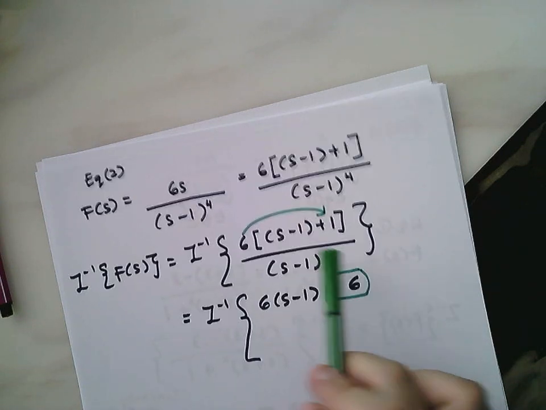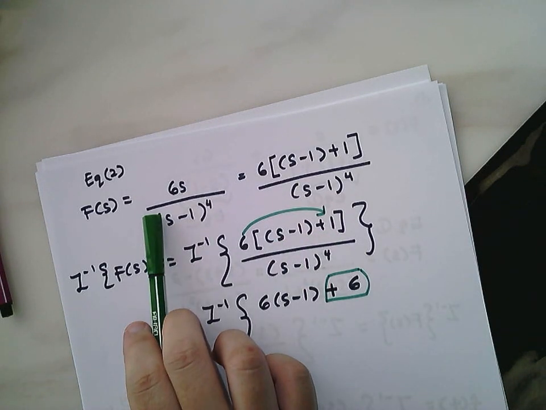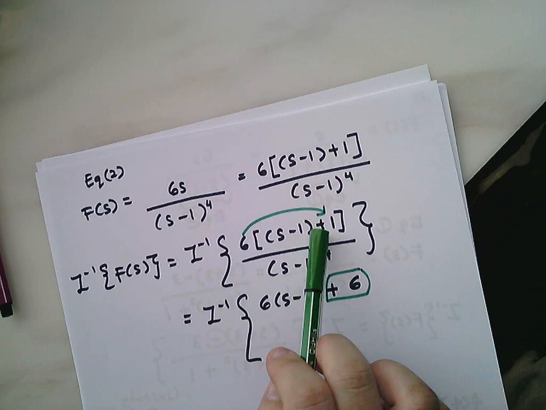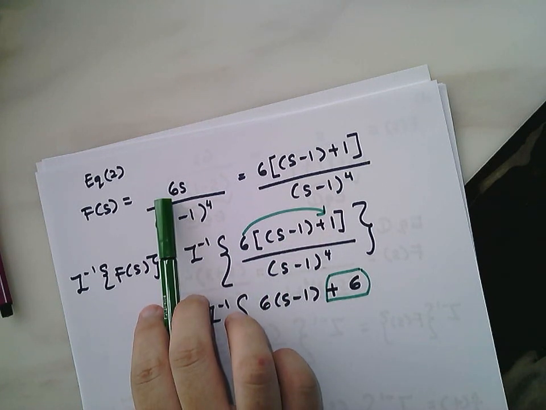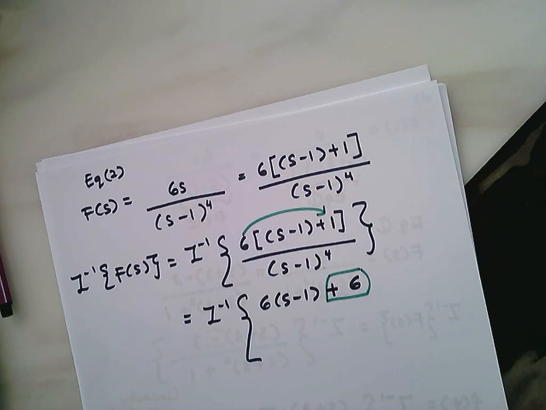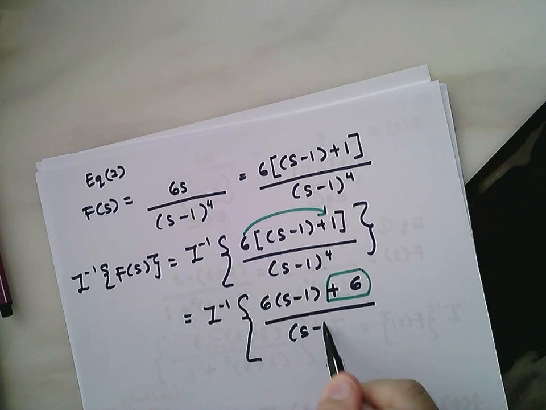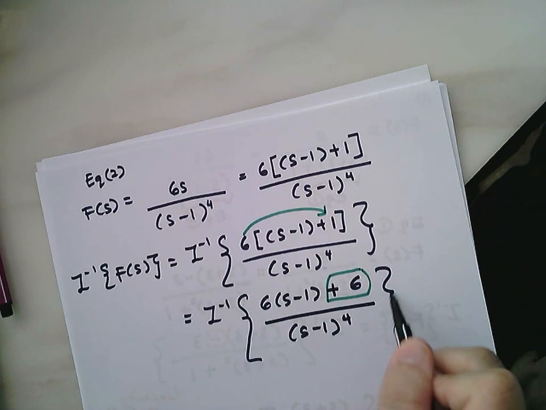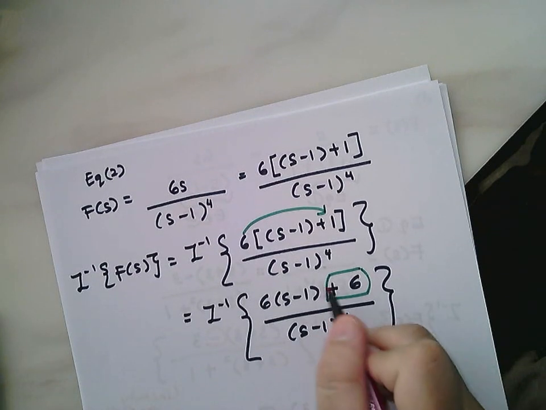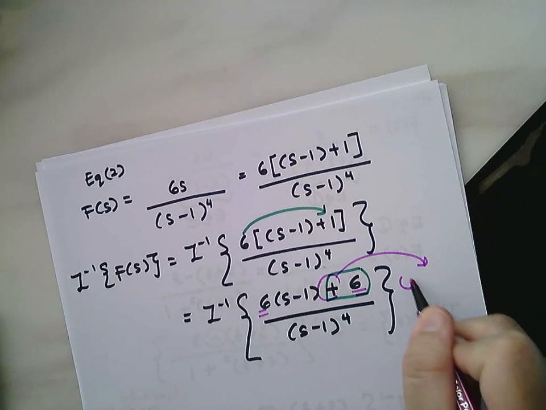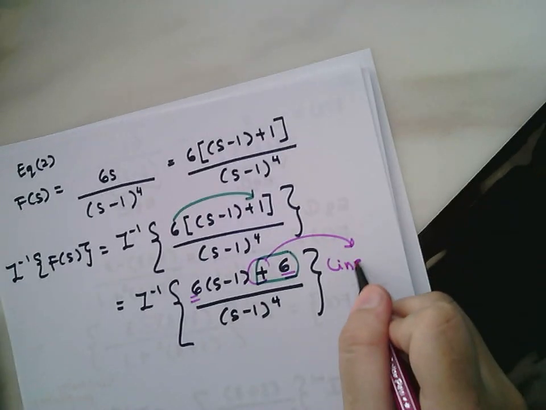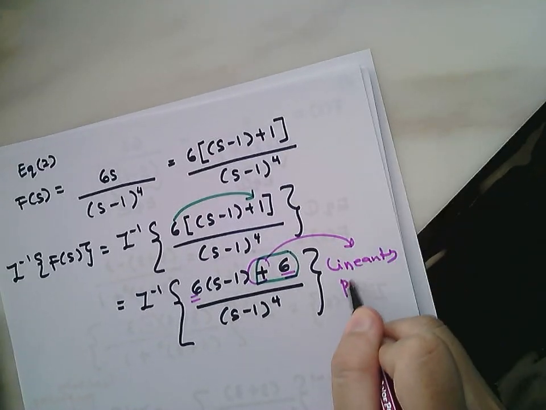If you expand this one, you will have 6s, because minus 1 plus 1 is equal to 0, and 6 times s gives 6s. So the whole thing over (s minus 1) to the power of 4. Since you have a plus sign here and you have a constant here, apply linearity properties.